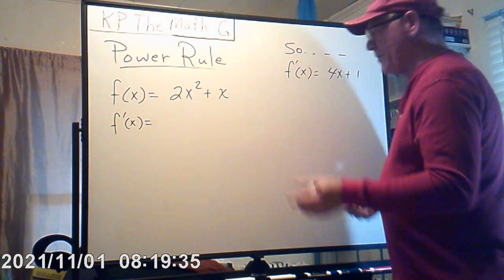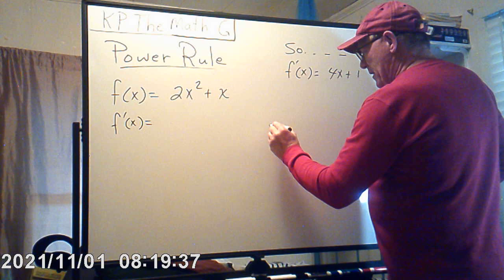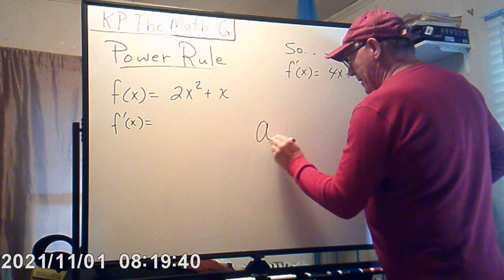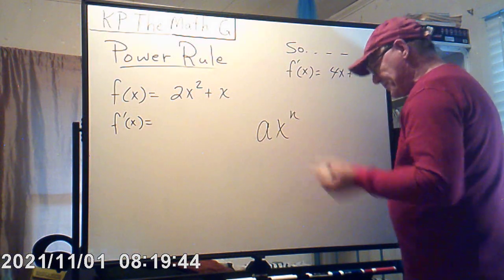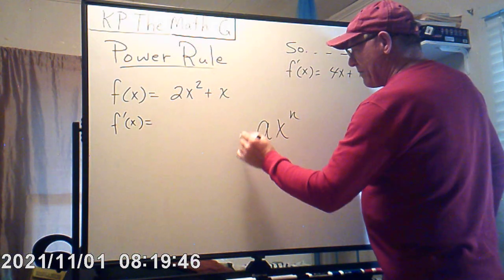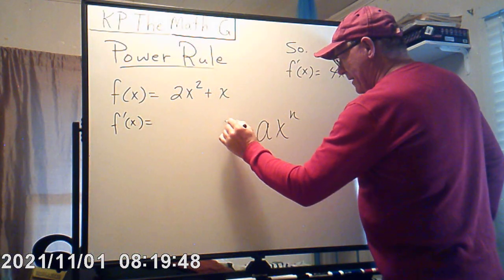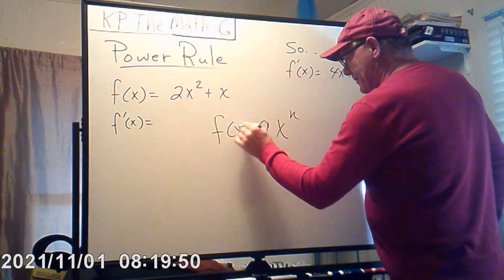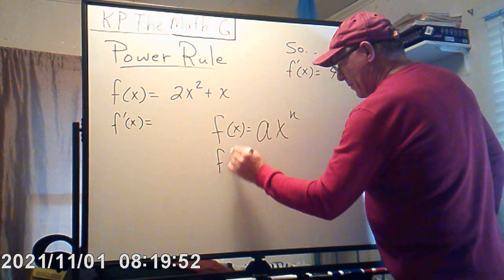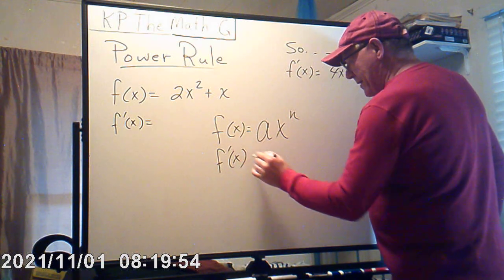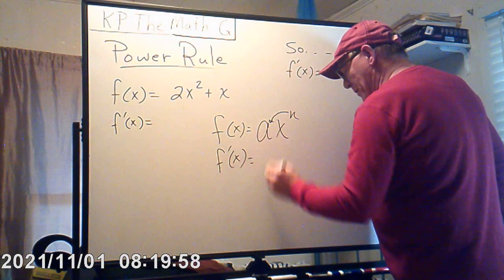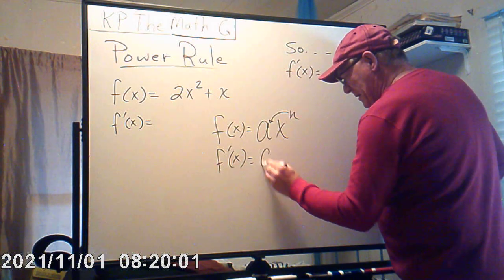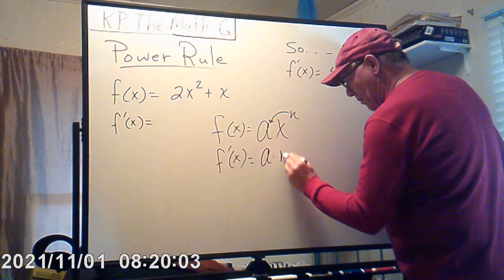Now, let's put down a rule. Take ax to the nth power. If we say that f of x equals ax to the n, then f prime is going to be a times n, a times the exponent, the power.